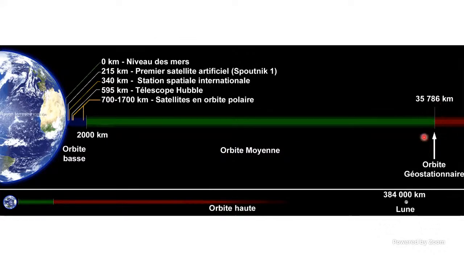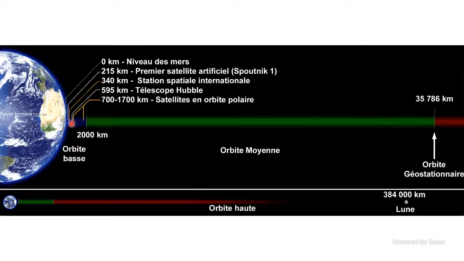But in the geostationary orbit, 35,786 kilometers away from Earth, counting sea level as 0 kilometers, if you put a satellite here, it's going to stay in its place and rotate with the Earth, directed at a single point.